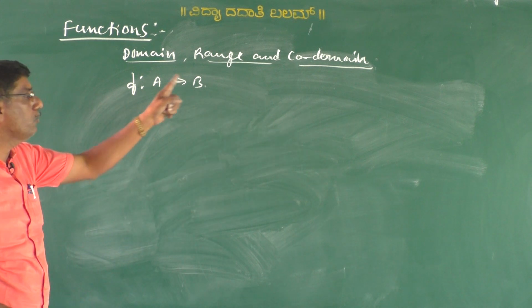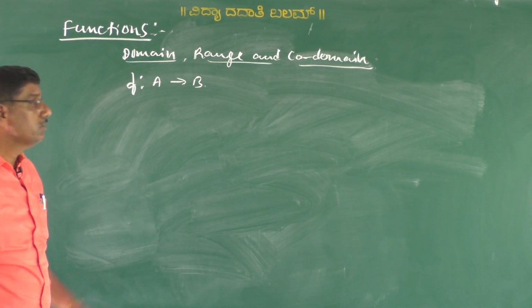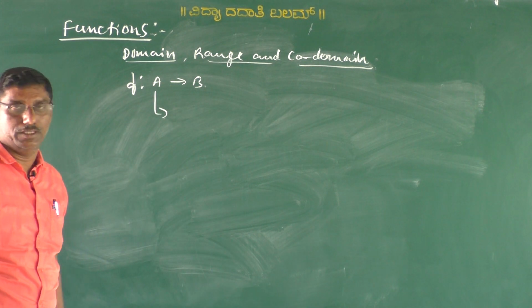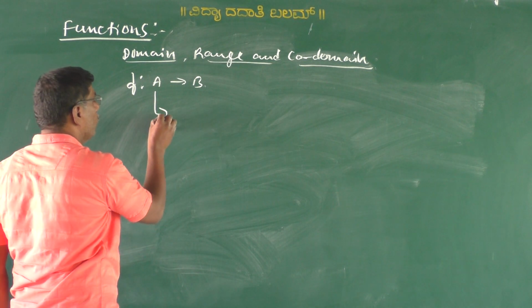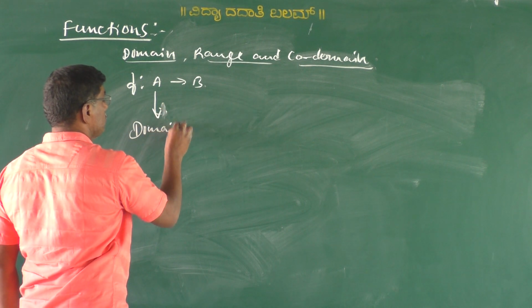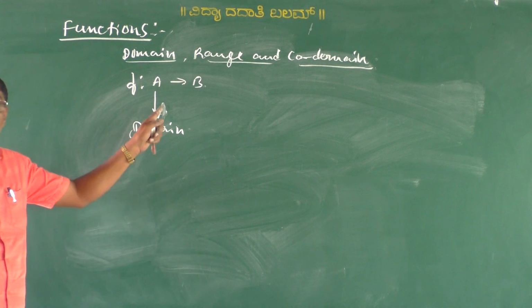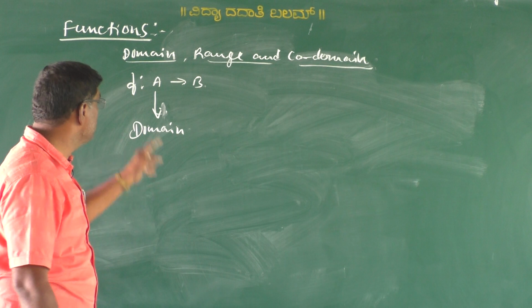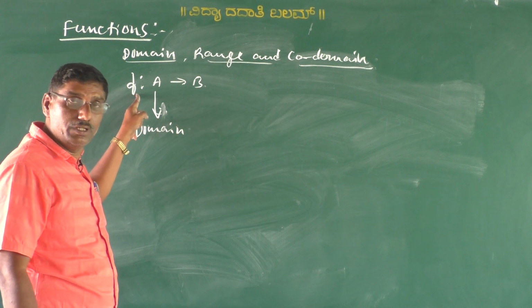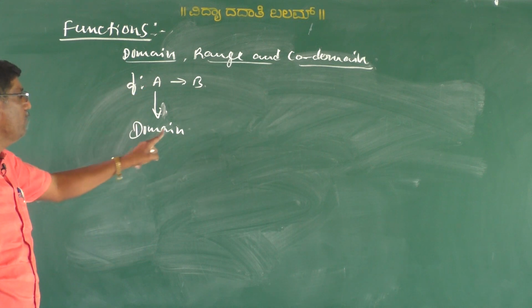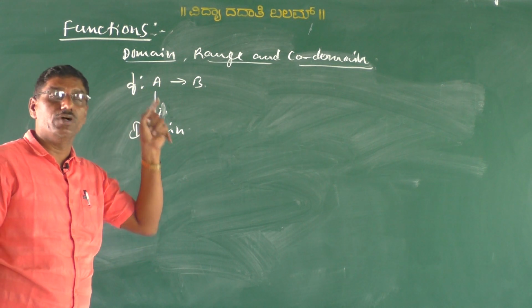In f from A to B, the set A is called the domain. Are you understood? That is, in function f from A to B, the whole set A is what we call the domain of a function f.